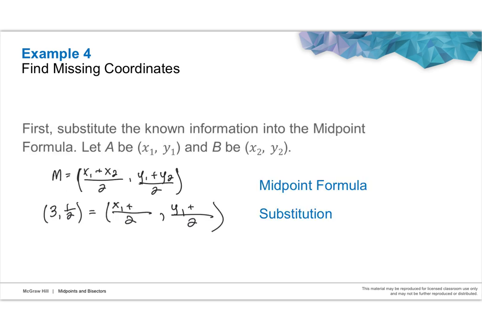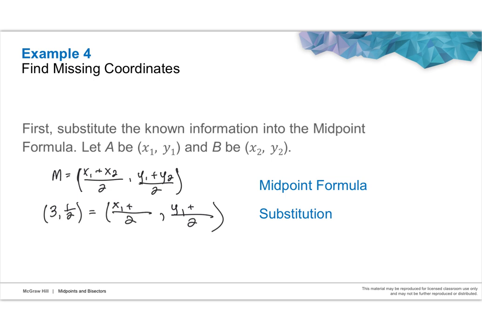So you can see that we've started with our midpoint formula written out, as we normally do. In place of M, we've put what we know the coordinates of the midpoint are, which in this case is (3, 1/2). Then we substitute in what we know about the endpoints.